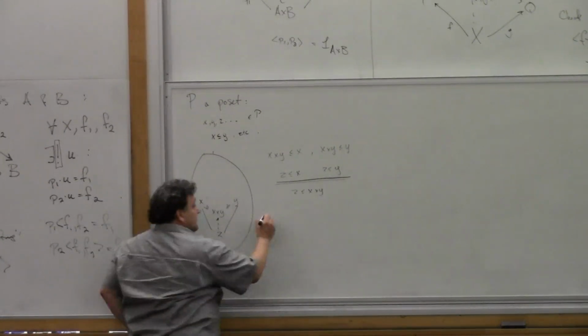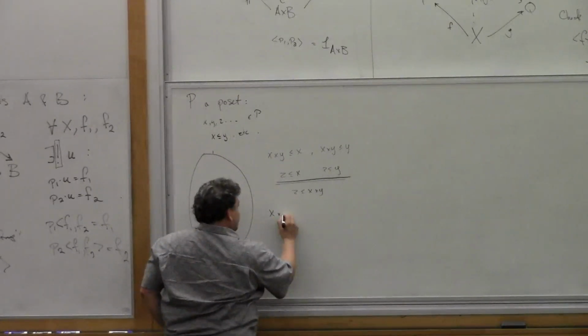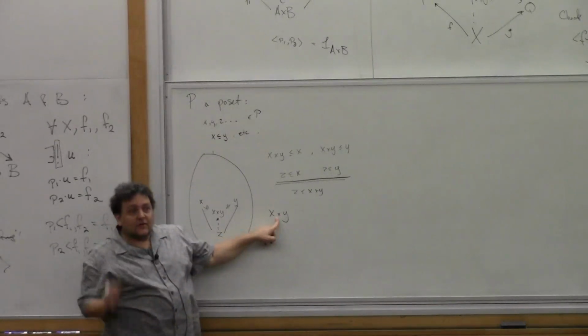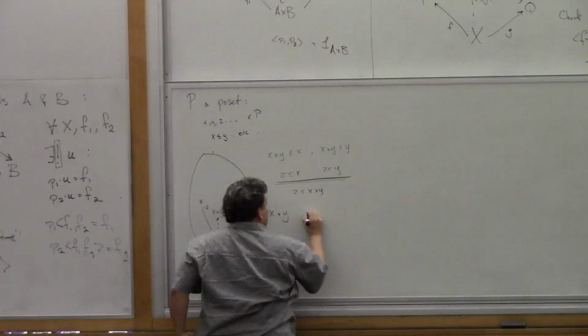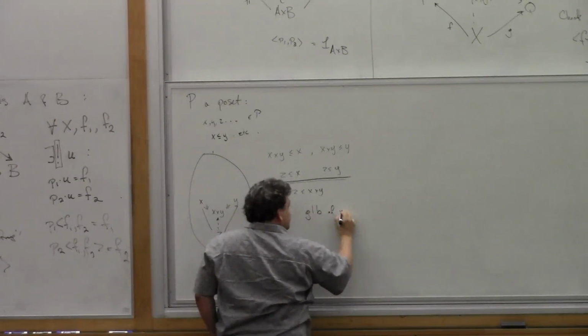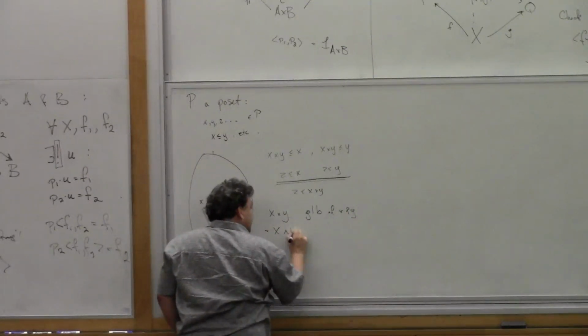X cross Y, I should have used A and B or something. The cross there is interfering. X cross Y is what? Greatest lower bound. Greatest lower bound of X and Y. Usually written like that with a meet sign.